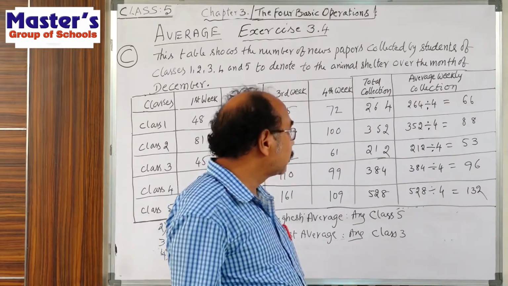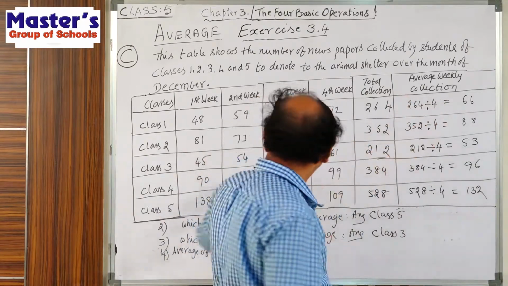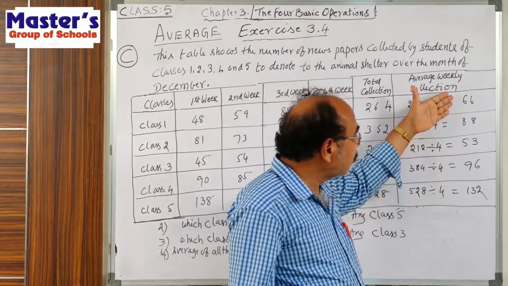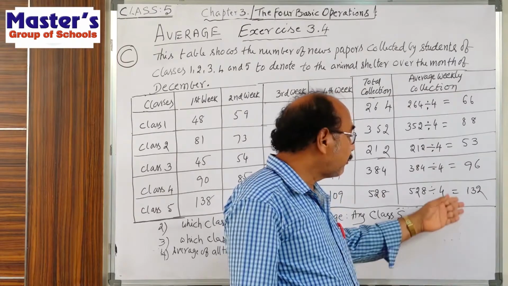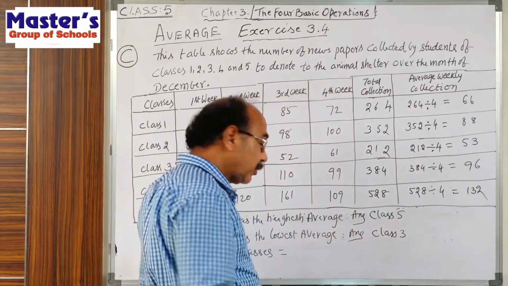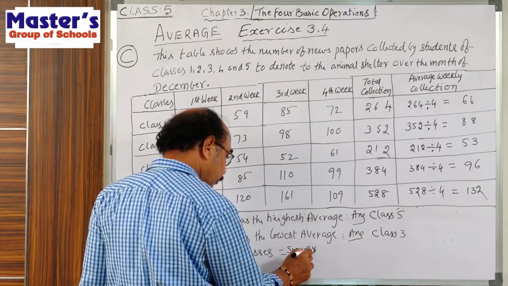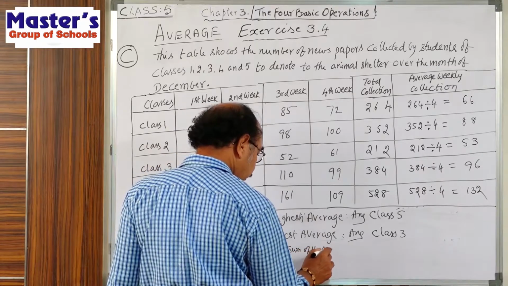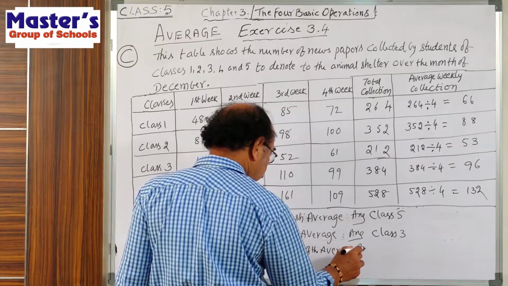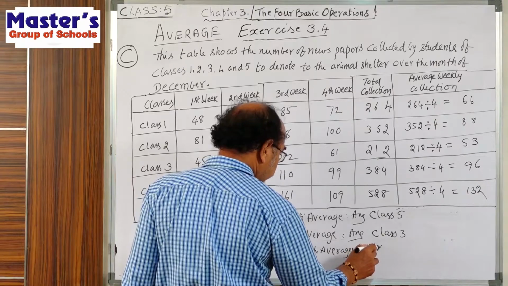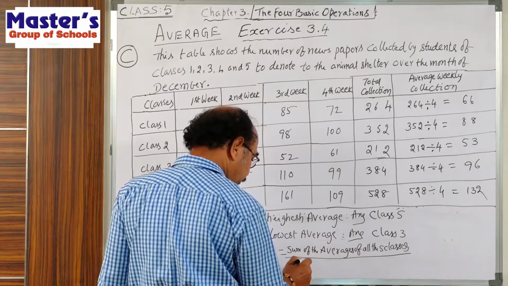How many classes? 5 classes. So sum of the averages of all the 5 classes divided by number of classes, which is 5. So here we write: sum of the averages of all the 5 classes divided by number of classes.